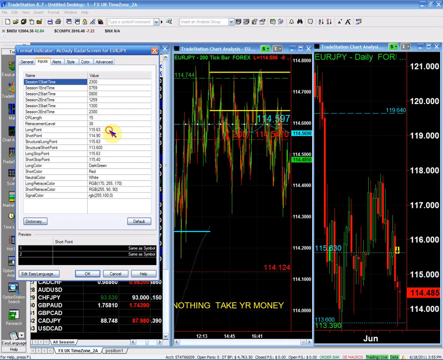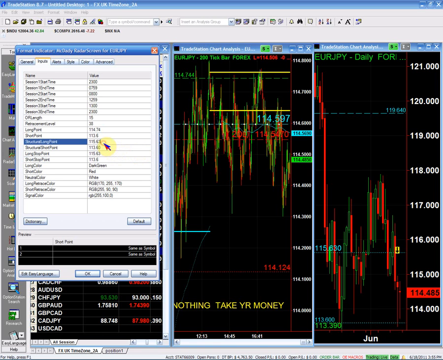My structure long is still the same, 115.63. My structure short is still the same, 113.60. My short point is 113.60, and my short stop is the easy one, 113.60. So if I buy it at 114.70, where will I place my stop?